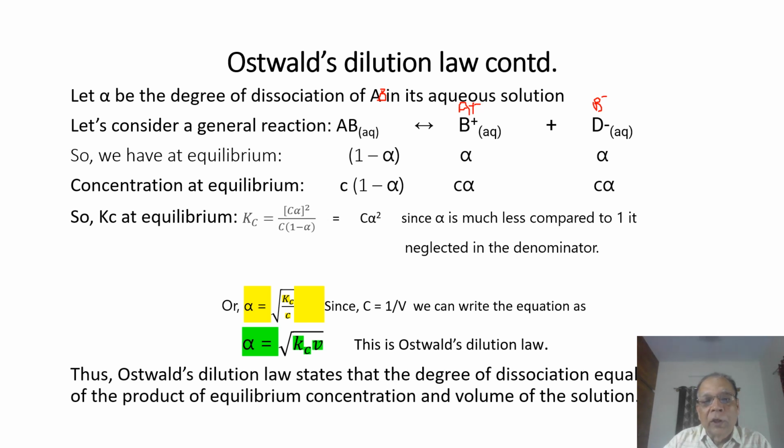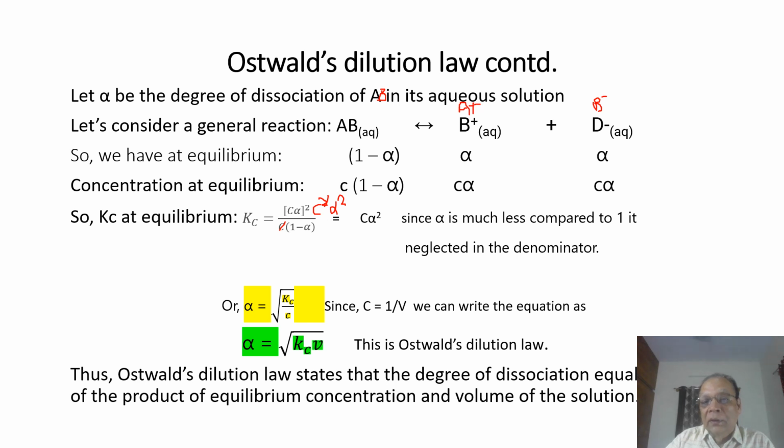Upon cancellation, this gives us C alpha square. And alpha, as it is much less compared to 1, can be neglected in the denominator. Therefore, we have alpha equals root over Kc by C.